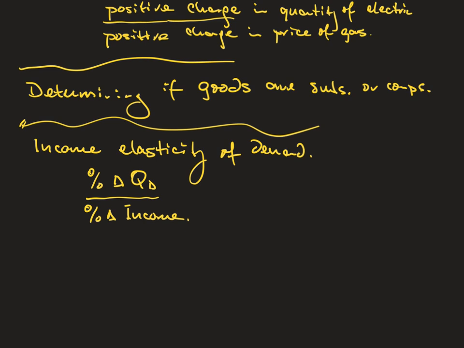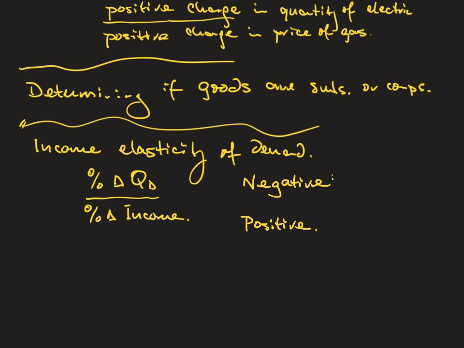Now, with the income elasticity of demand, the important thing is whether the income elasticity of demand is negative or positive, because it tells us something about the good. If the income elasticity is negative, that means that when income goes up, demand goes down.